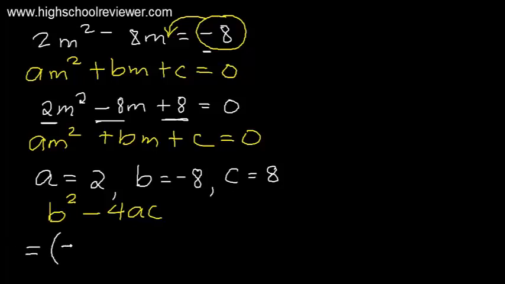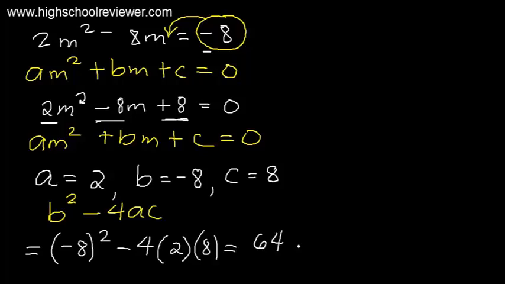So we are now going to substitute the values. So our b is negative 8. Raise this to the power of 2 minus 4 multiplied by a, which is positive 2, and multiplied by c, which is positive 8. So negative 8 raised to the power of 2, that is 64. And we have 4 times 2, that is 8, times 8, that is 64. So this will be negative 64.